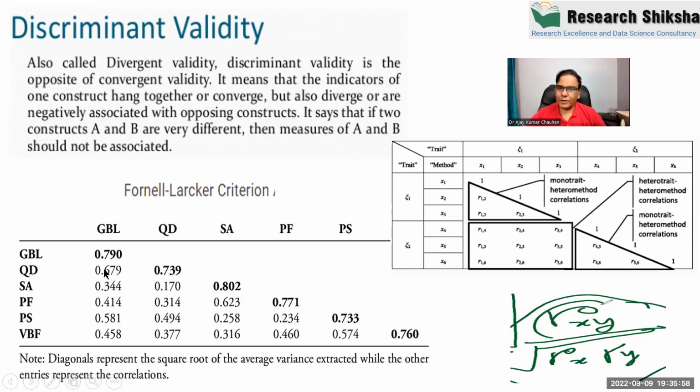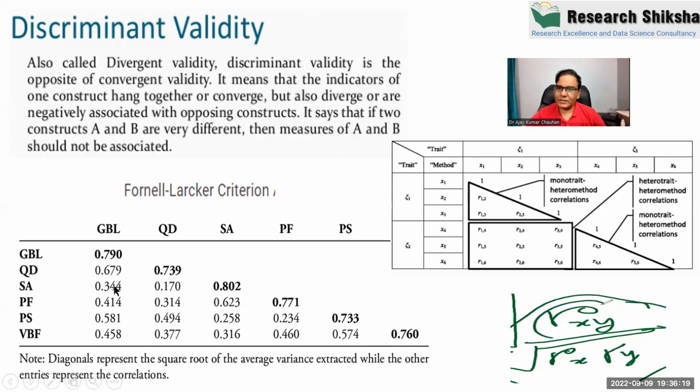And all the other values in the column are representing the correlation. Like for example, in this table, GBL 0.79, this is the square root of the AVE. And the correlation between GBL and QD is 0.69. The correlation between GBL and SA is 0.34.